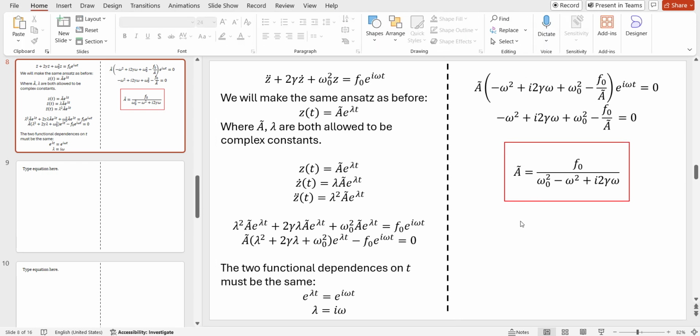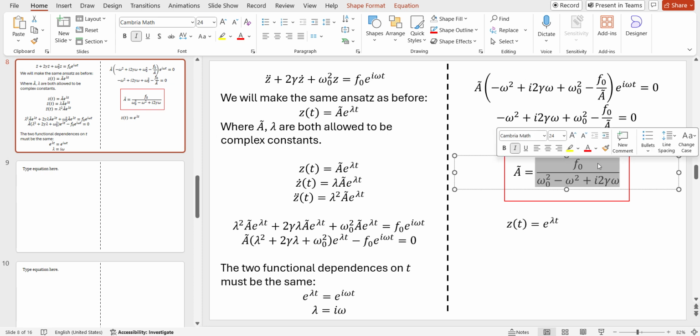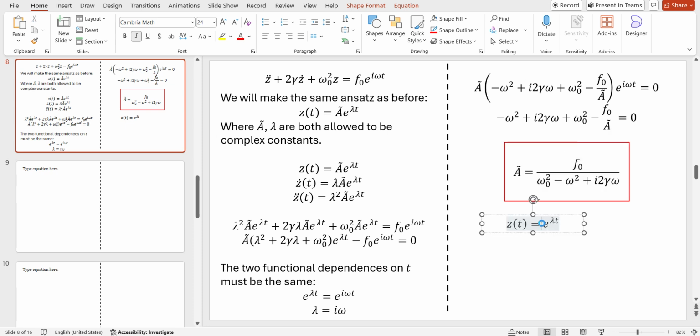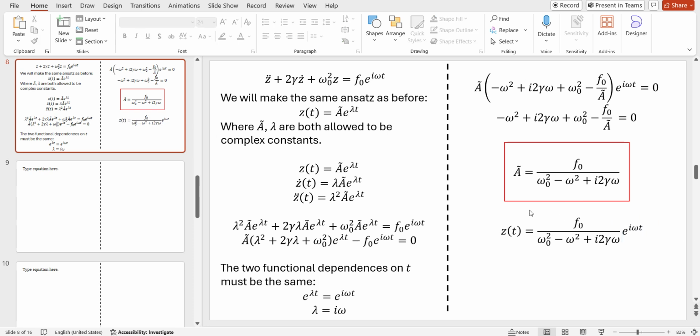We found that z is just going to be a tilde, which is this whole shebang over here, times e to the I omega t. That's our complex solution to the motion of the system.